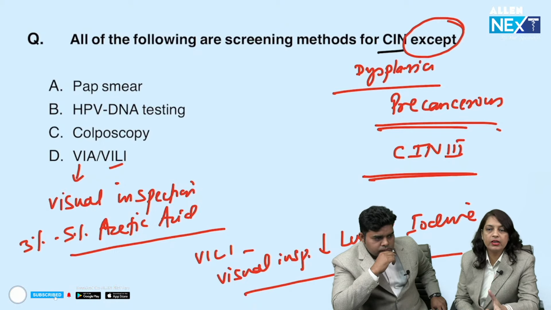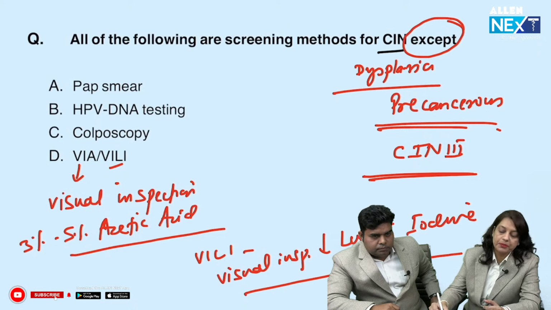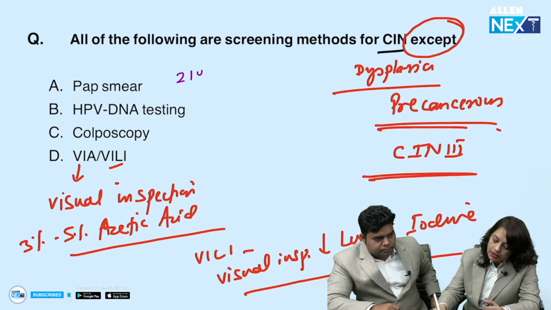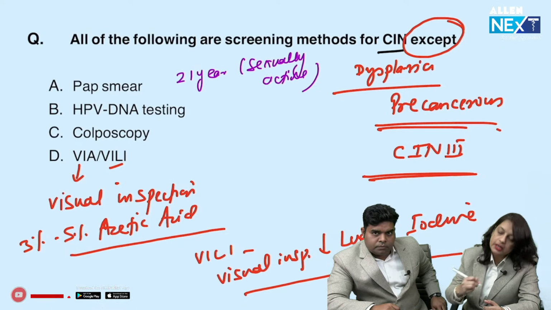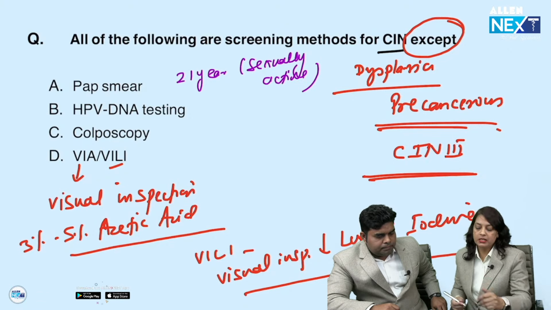As a gynecologist, the screening test which is being followed all over India is the pap smear test. The starting age for pap smear screening is 21 years of age, but mind it, it is to be done in sexually active females.